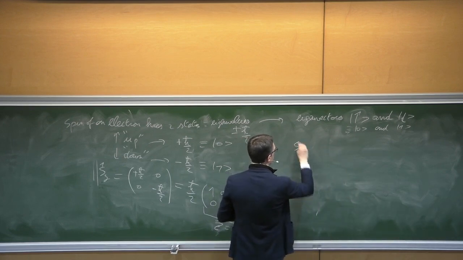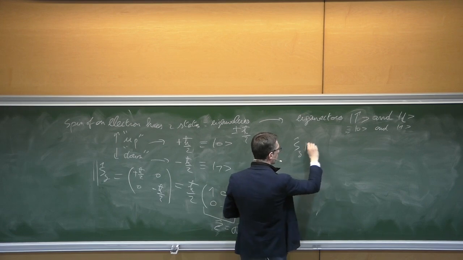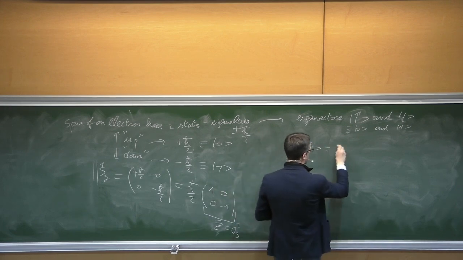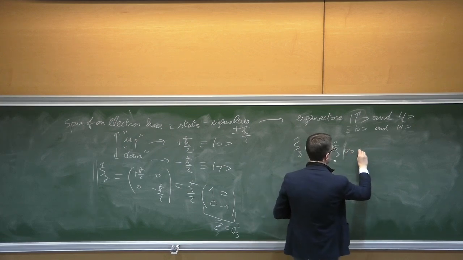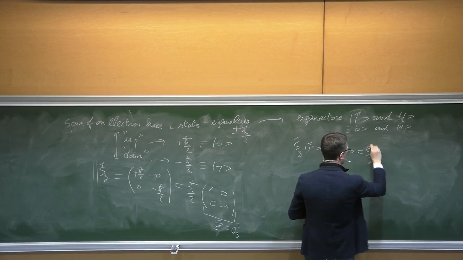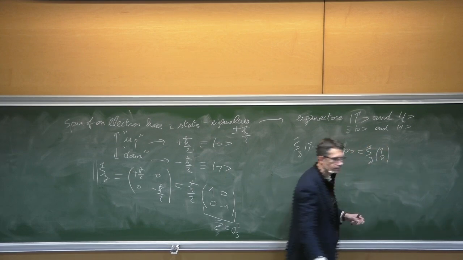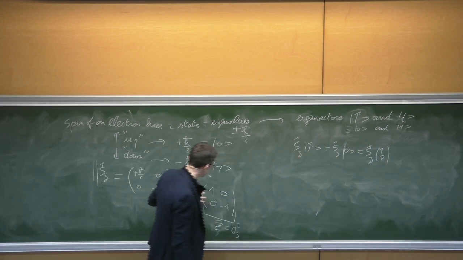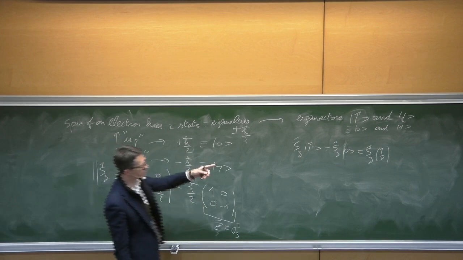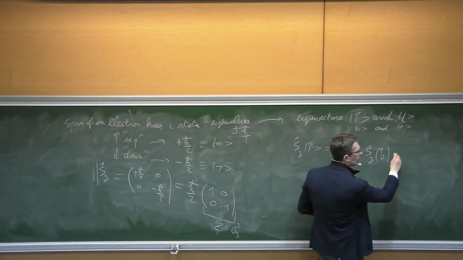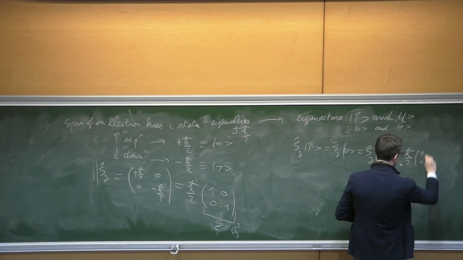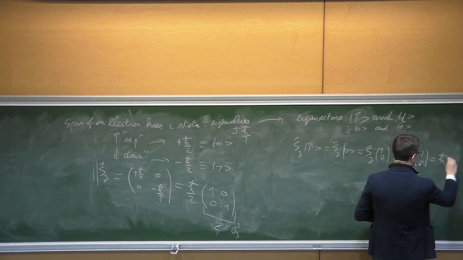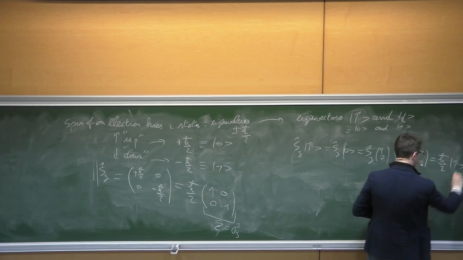And so if I apply Sz to up, that means Sz to 0, which is Sz to 1, 0. Then what I have is the multiplication of this matrix times this column vector, and that would give me h bar over 2, 1, 0. So h bar over 2 up.